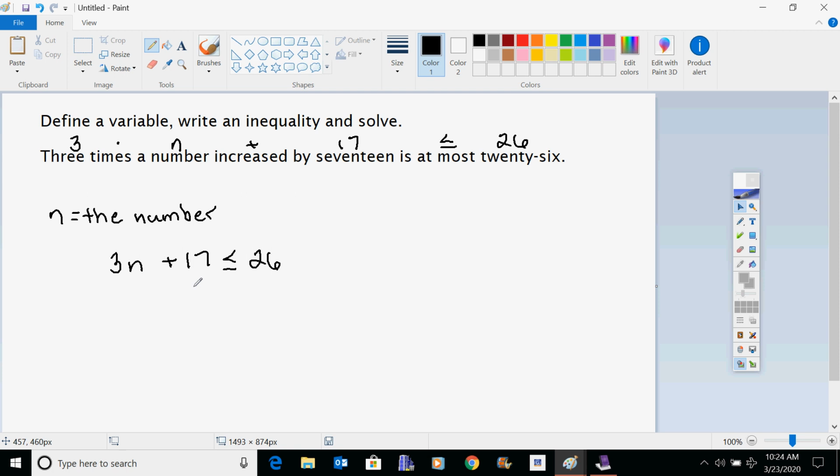And then you'd need to do your algebra that you know how to do, which means that whatever you do to one side, you have to do to the other side. So we're taking 26 minus 17. This would give us a 9. Divide both sides by 3.